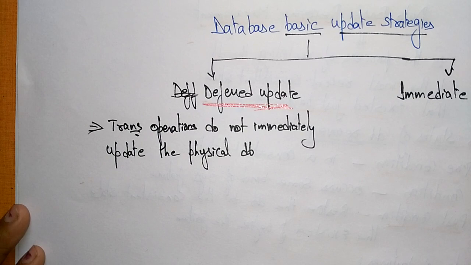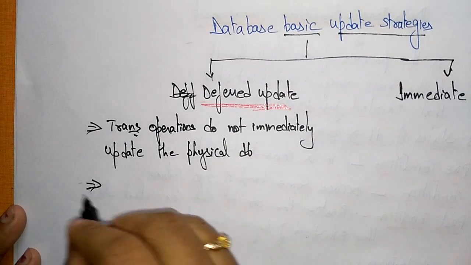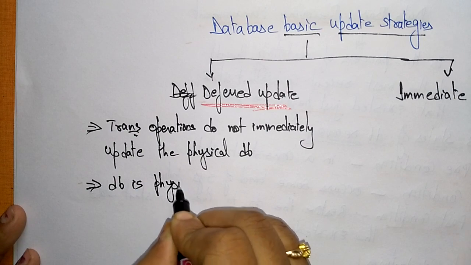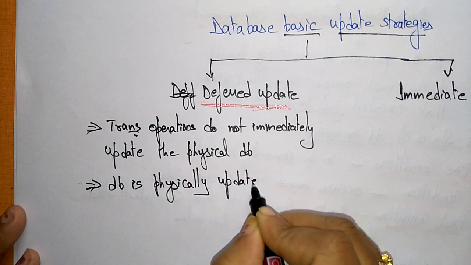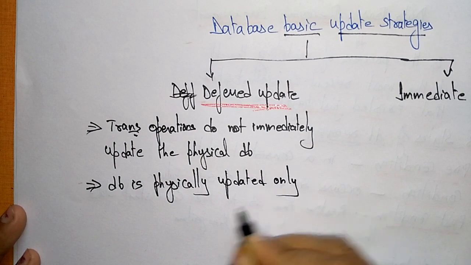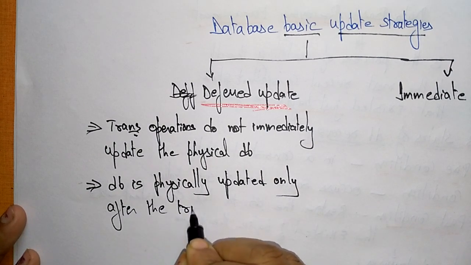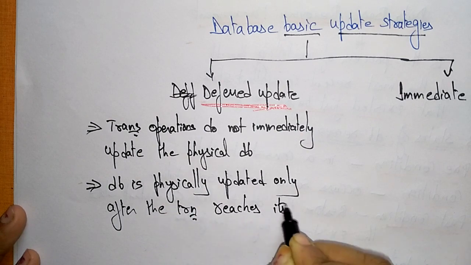The database is physically updated only after the transaction reaches its commit point.